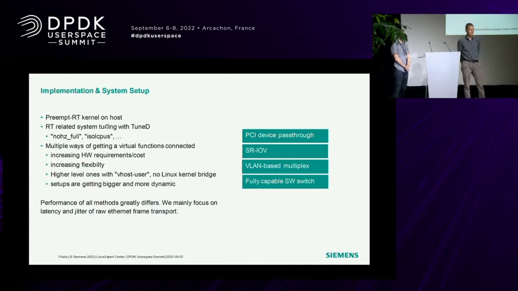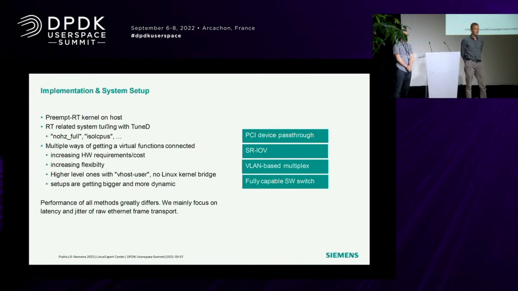All you need to know is that we nowadays use a component called TuneD, which is open source, which helps you deal with these kinds of things and turn a real-time capable system into a system that behaves in a real-time manner. So now we have a real-time capable compute infrastructure and put our network functions on top.